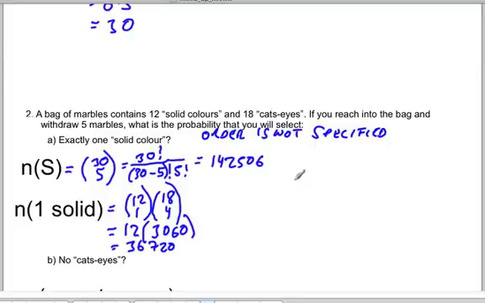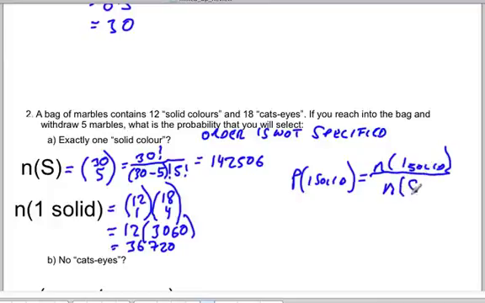So recall that the probability of 1 solid is equal to the number of ways we can choose 1 solid, which we determined over here, divided by the number of ways that we can draw 5 marbles out of a bag of 30 marbles. And that's what we found over here.